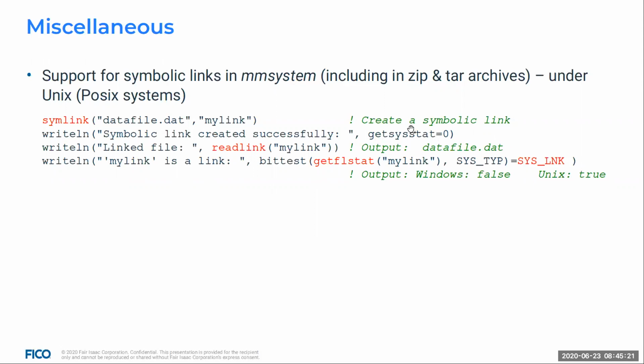Always check the system status information, whether any kind of system operation was carried out correctly. I can access a link and then test the status of the file that this link points to. So it's a specific status checking routine for links, whether this is a link. Under Windows, this is not going to work because the notion does not exist in this form.